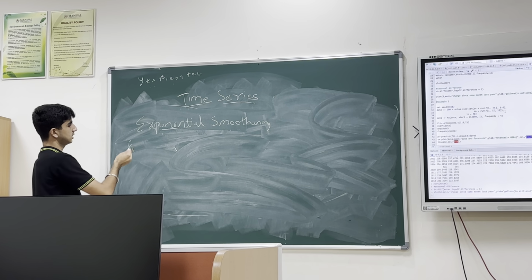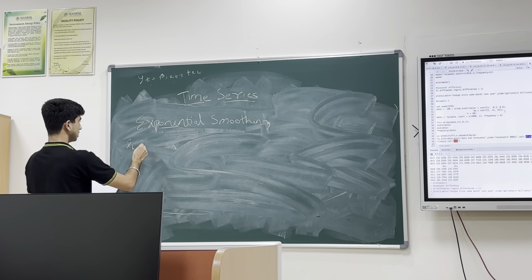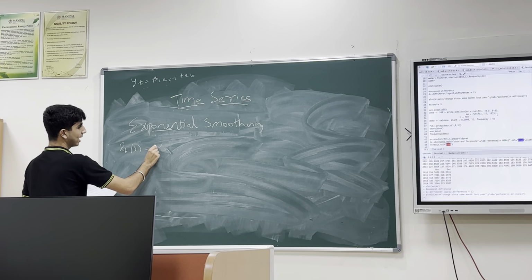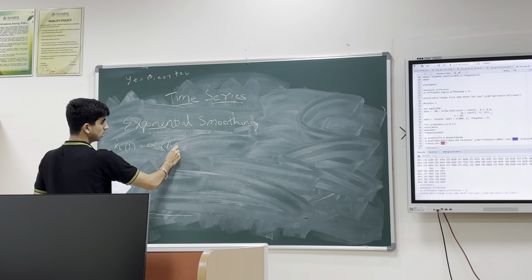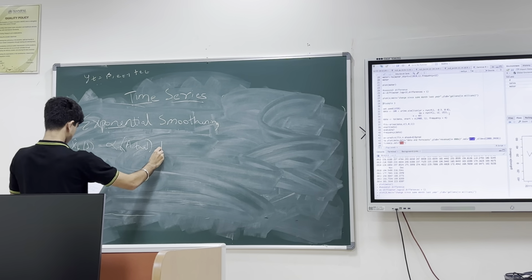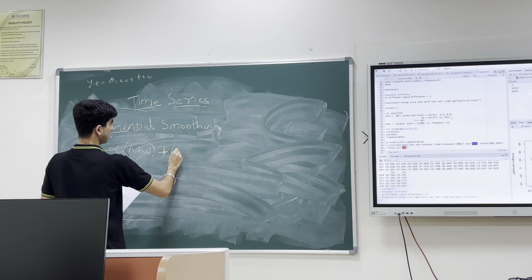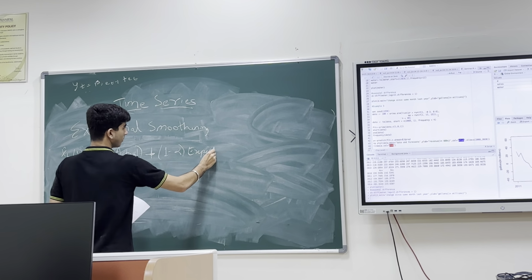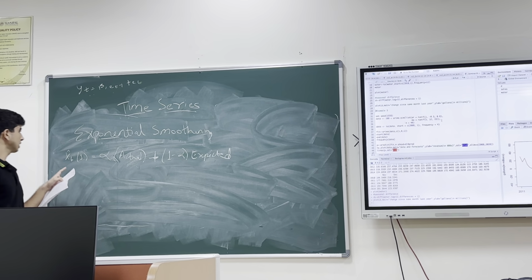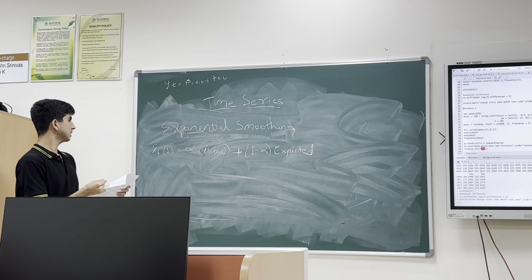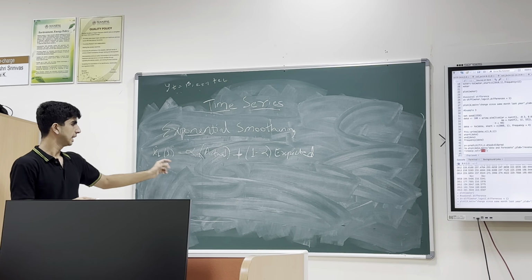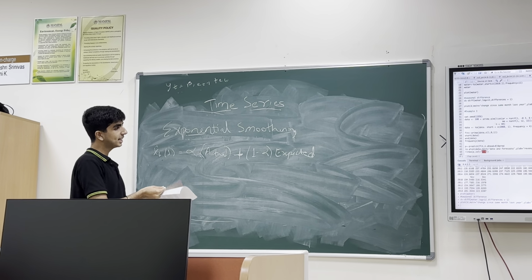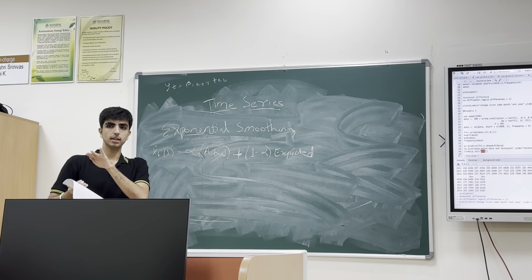So xt hat is like an estimate. xt hat of one time period ahead is nothing but alpha times the actual value of today plus 1 minus alpha times what I had predicted yesterday of today's value.